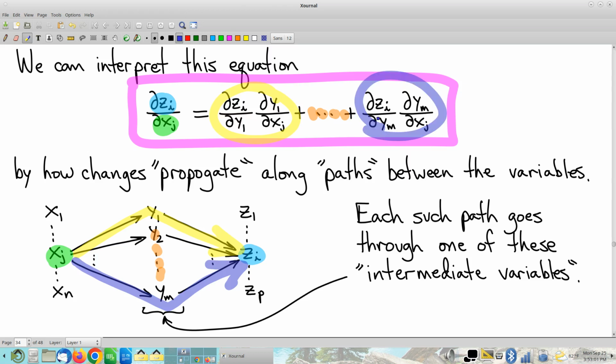So I think it's a really nice point of view. This formula here came straight out of our matrix, cornerstone point of view on the chain rule. But I can think of it in terms of the various different paths along which these little changes, as xj wiggles, it's going to make all of these wiggle as well, and all those changes just propagate through these different paths, and each path gives you a term.